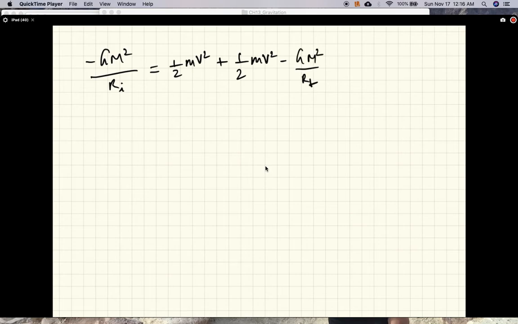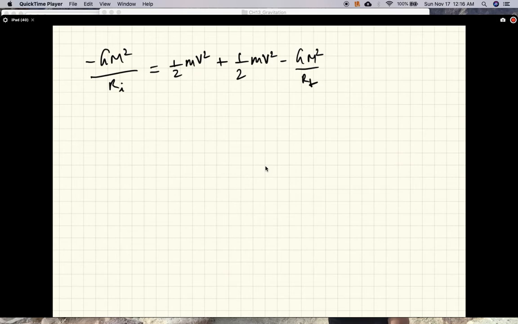Minus G m squared divided by r initial equals half m v squared. That's the kinetic energy of one of them, and then the kinetic energy of the other, minus G m squared over r final.